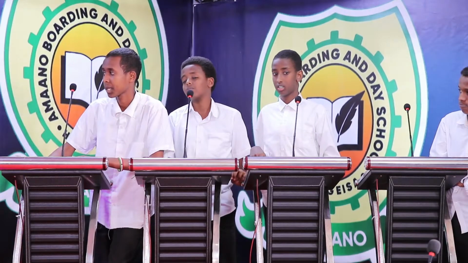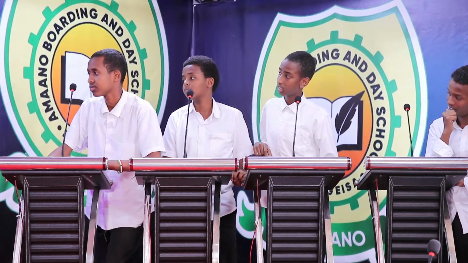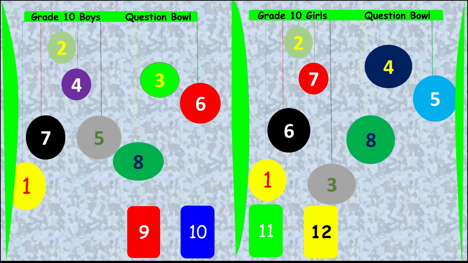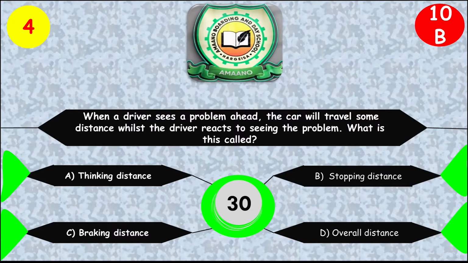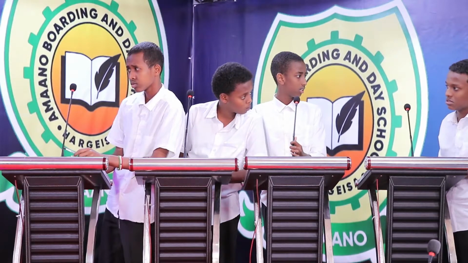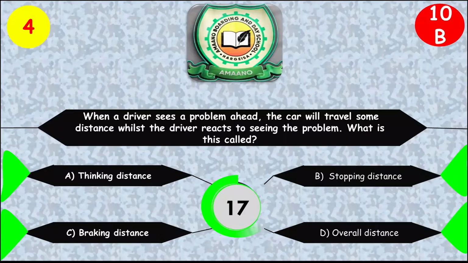Okay, boys. Number 4 for the boys. When a driver sees a problem ahead, the car will travel some distance whilst the driver reacts to seeing the problem. What is this called? A, thinking distance, B, stopping distance, C, braking distance, and last, overall distance.